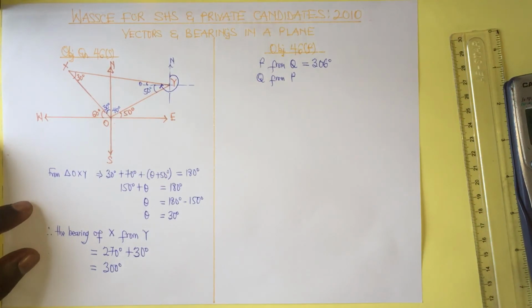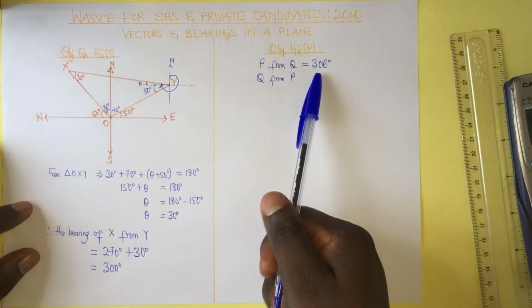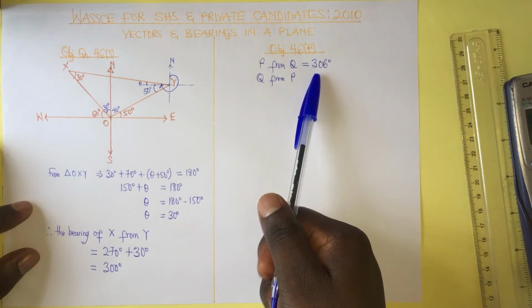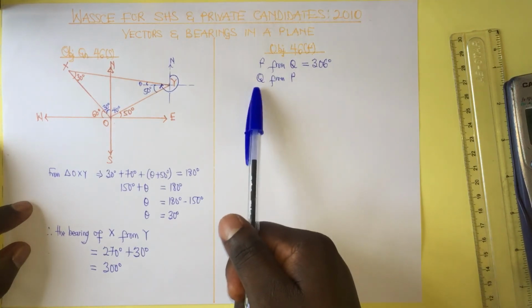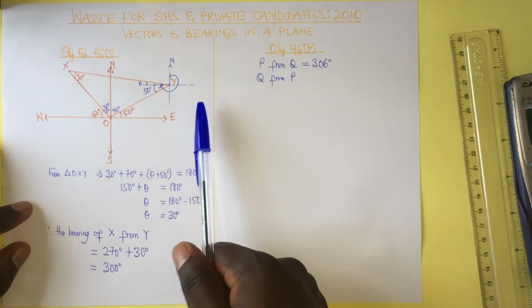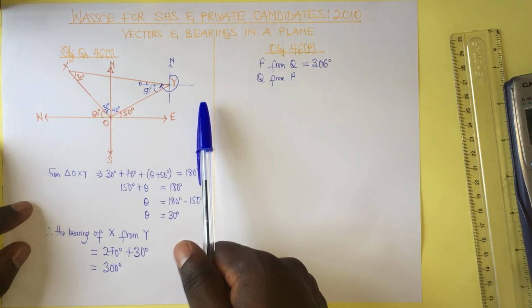So for back bearing, if the angle given is greater than 180 degrees, for the back bearing, that's Q from P, we subtract 180 degrees from the angle.